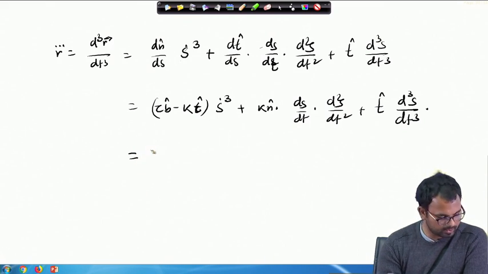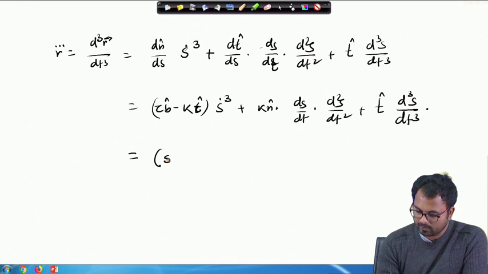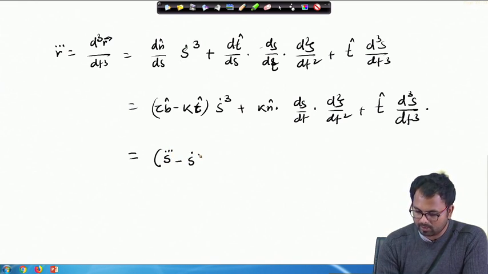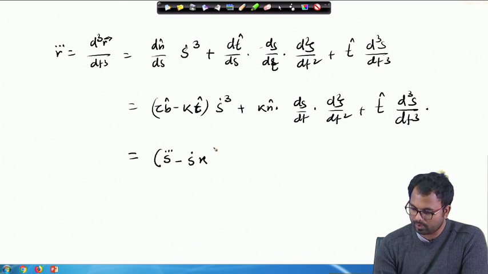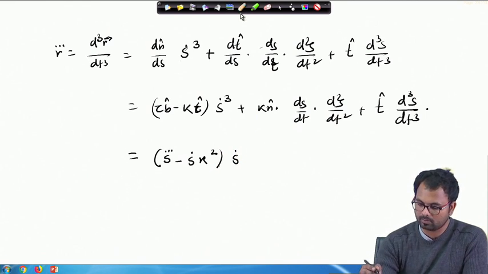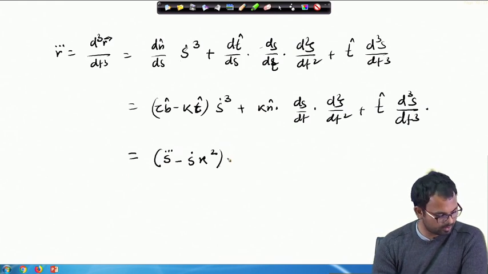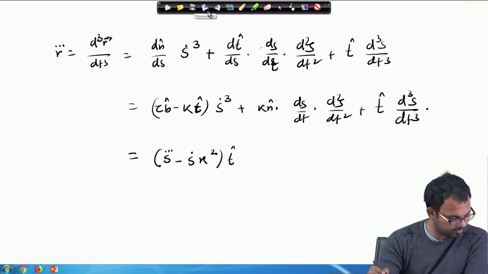So, if we rearrange the terms, then we will obtain s triple dot minus s dot kappa square times t cap.